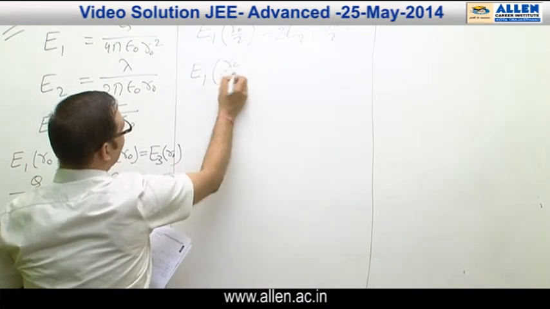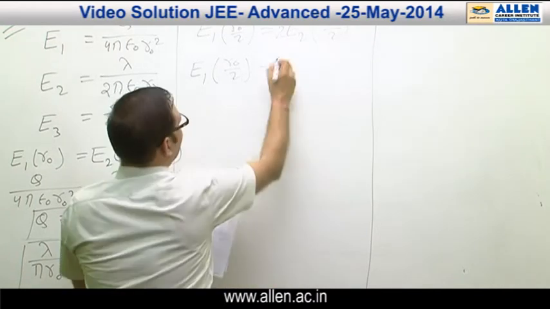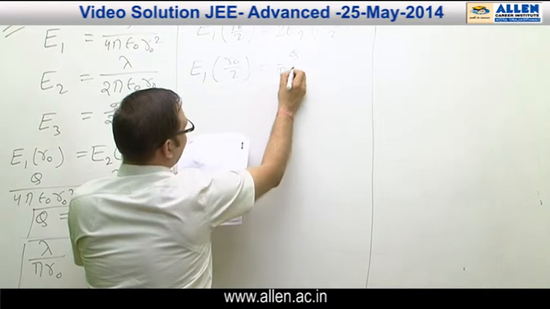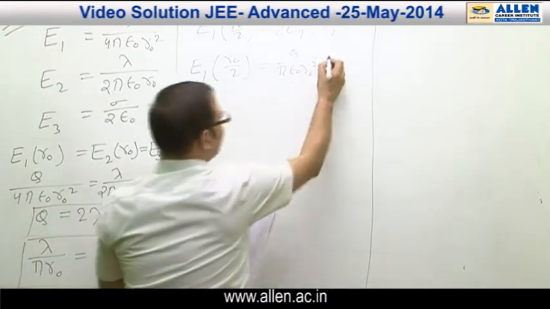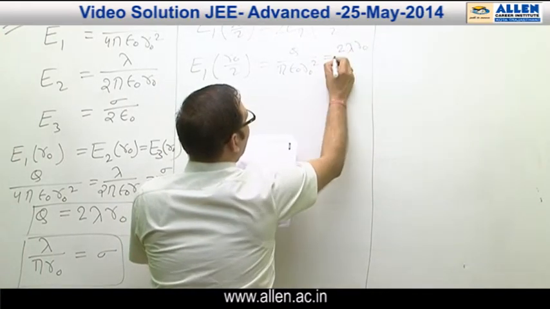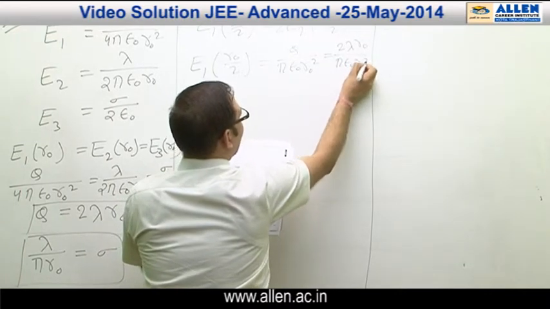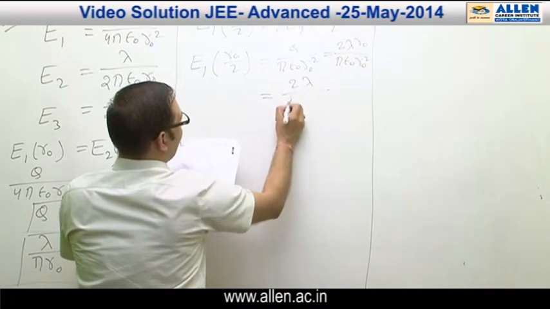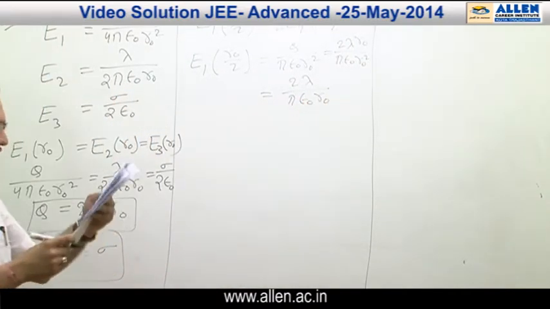E1(R naught by 2) comes to be Q upon pi epsilon naught R naught square, which becomes 2 lambda R naught upon pi epsilon naught R naught square, and it would be twice of lambda upon pi epsilon naught R naught. This is E1(R naught by 2).